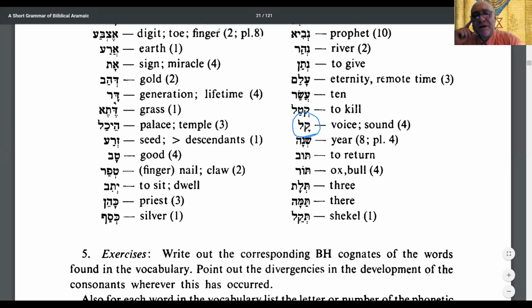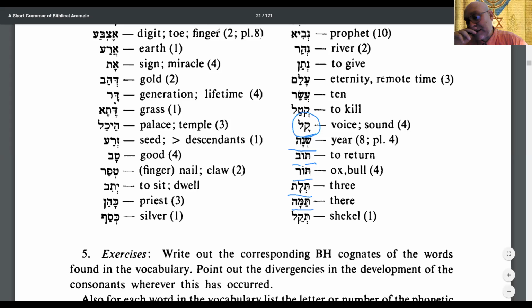Okay, for year, shana, to return, we've got tet, vav, vet, to return. So that's like a verb root. We've got tor is ox or bull. Here's the word for 3, talat. Here's there, tama, shekel.